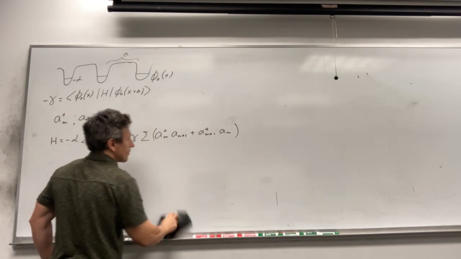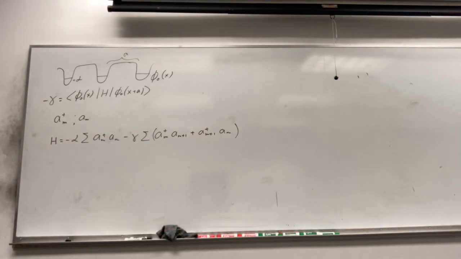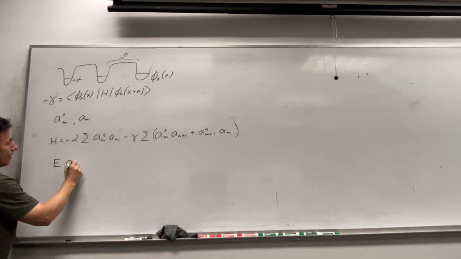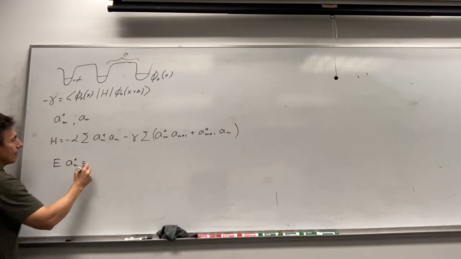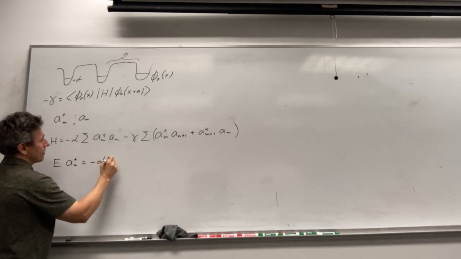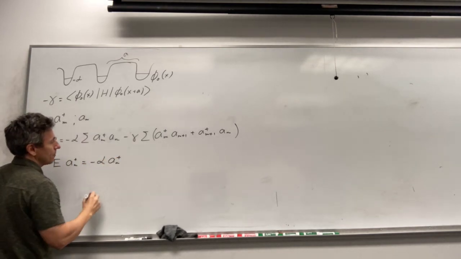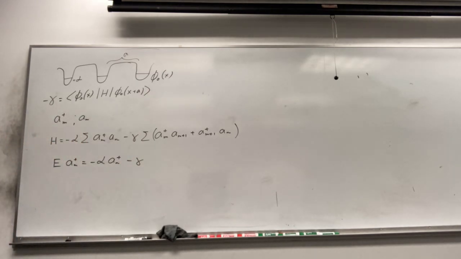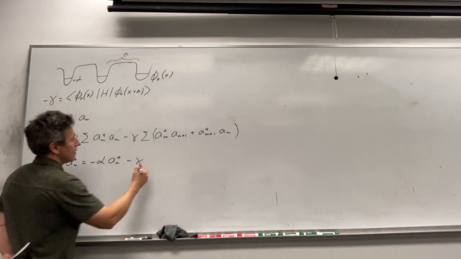Then, using the second quantization approach, we can write down the corresponding eigenvalue equation. The energy will be E a m, equal to minus alpha a m, for example, plus minus gamma. We need to consider the commutator of the Hamiltonian with the state m.